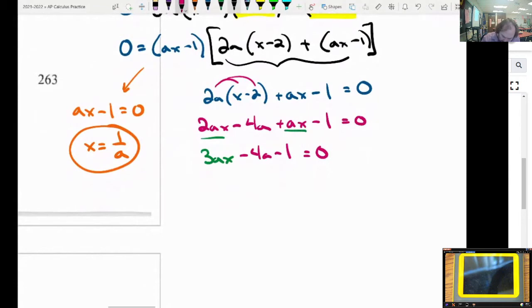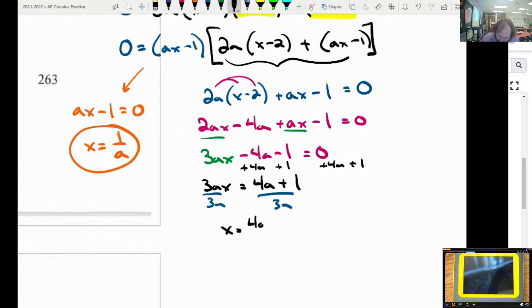So let's get everything that's not x out of there. Let's move that 4a and that 1 to the other side. We'll add them both to both sides, plus 4a plus 1. And then we'll divide everything by 3a. And that will give us x is equal to 4a plus 1 over 3a. And that is the other answer.